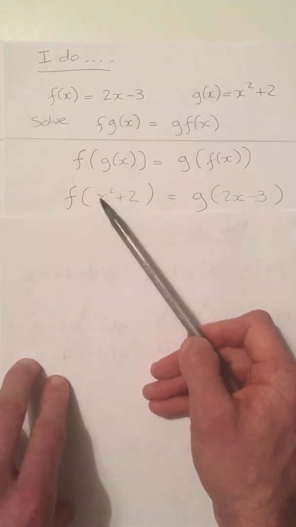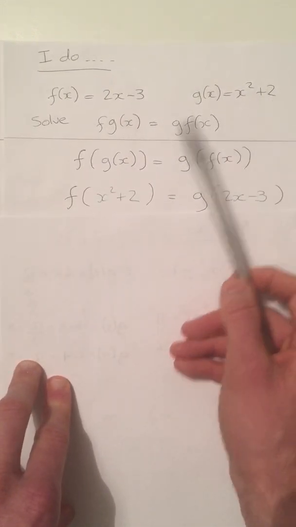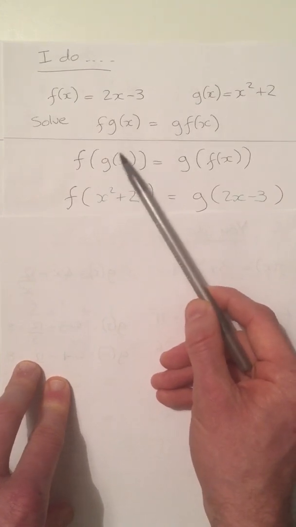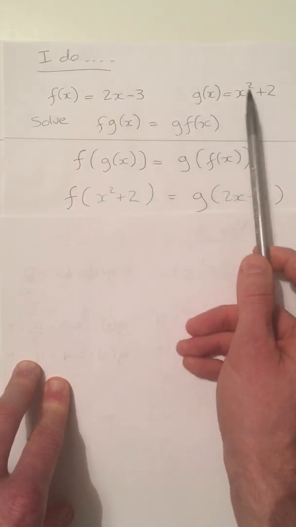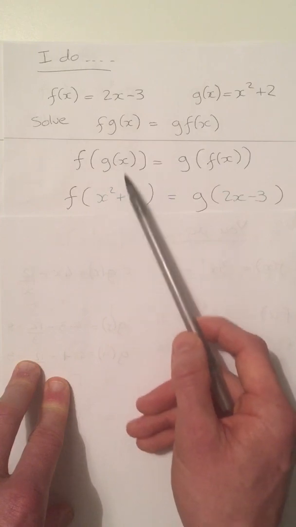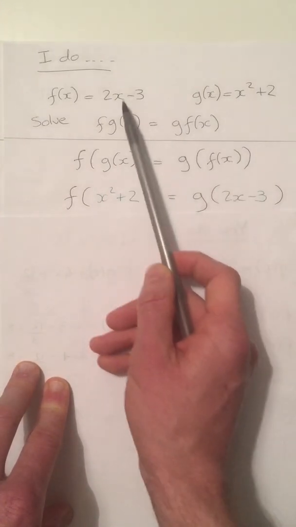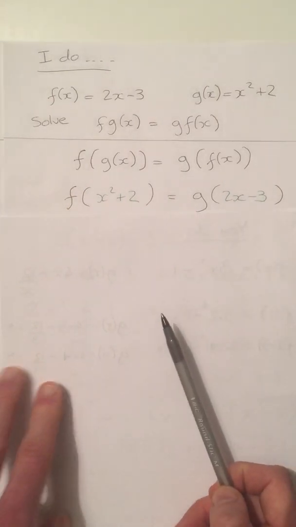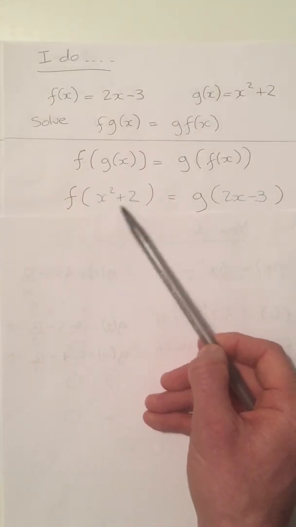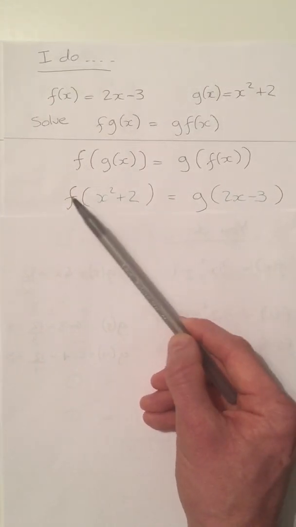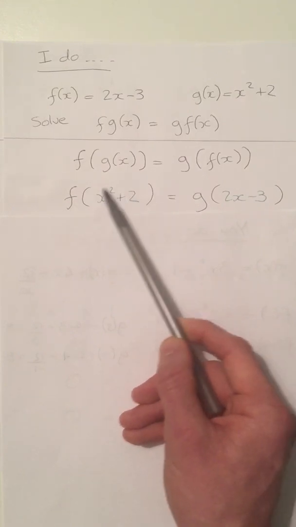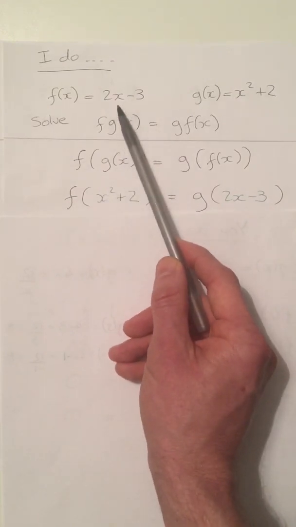G of x, well, that is just my x squared plus 2. The answer for g of x comes from here. So I've replaced the g of x with the x squared plus 2. And I've replaced the f of x with the 2x minus 3. So I am going to substitute the x squared plus 2 into the f function. So I'm going to put this in here.